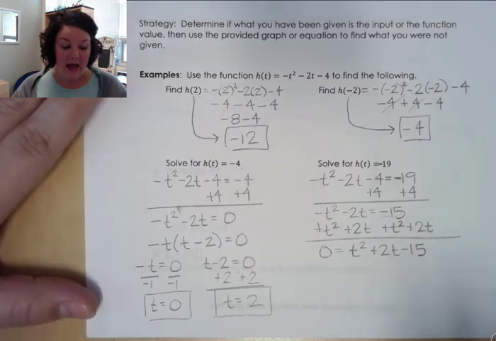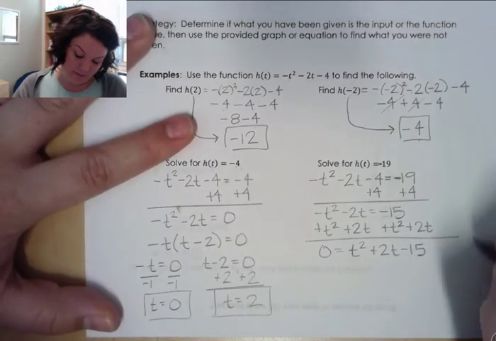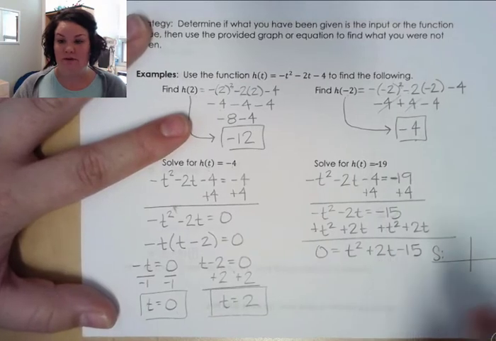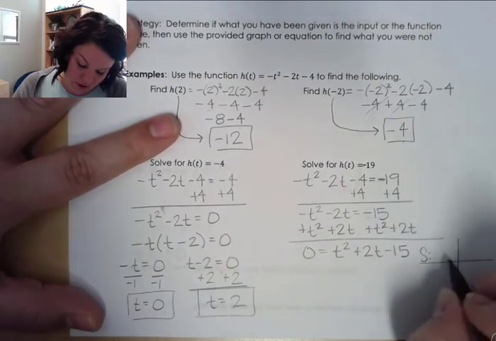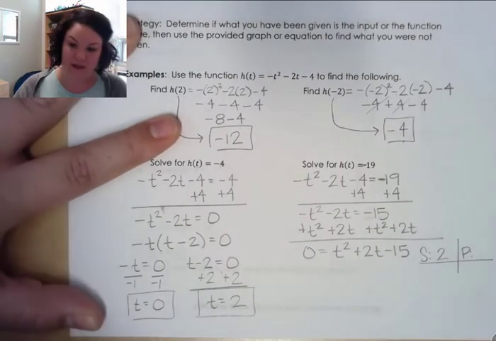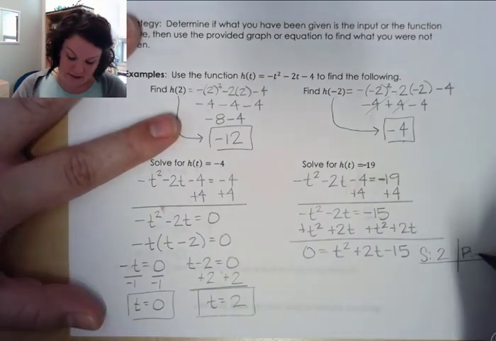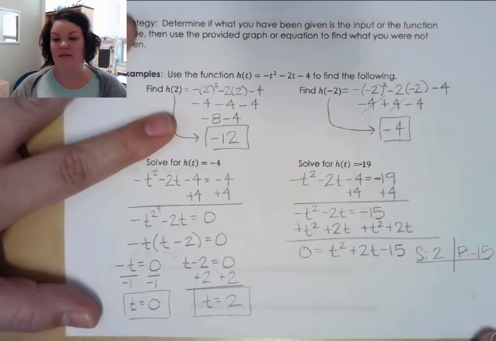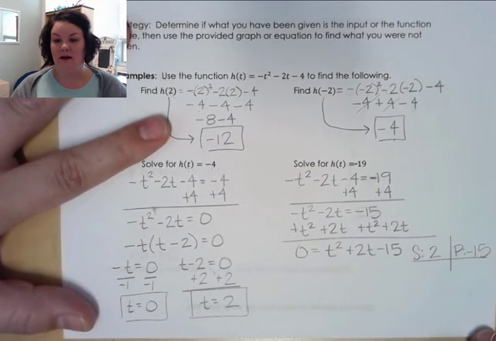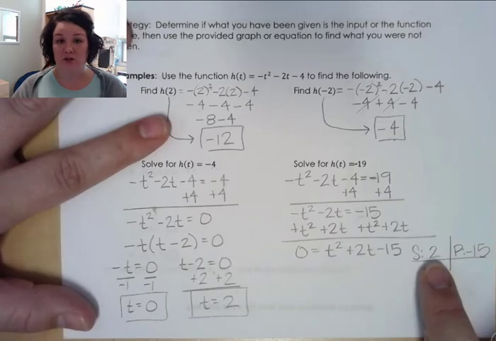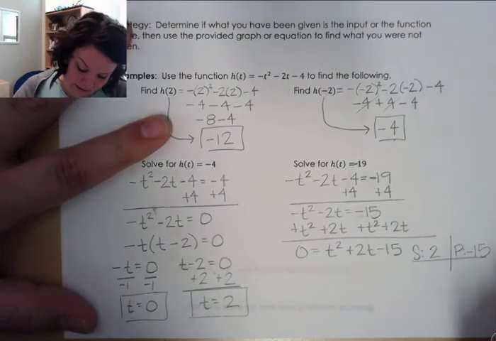Okay, and now I can go ahead and look at my sum product chart. So my sum is my middle coefficient here, right, which is a 2. And my product is my first coefficient, which is a 1, times my last, which is negative 15. So I need something that I can multiply to get negative 15 that I can combine to get a positive 2, which would be a positive 5 and a negative 3.